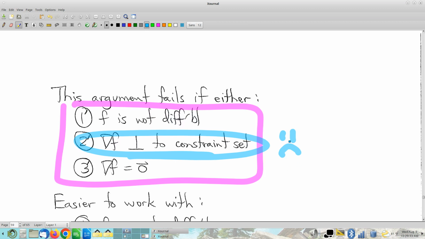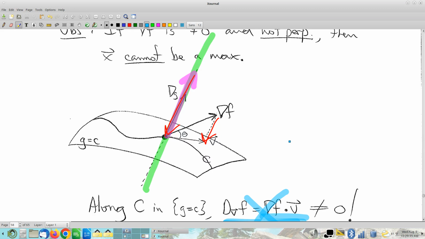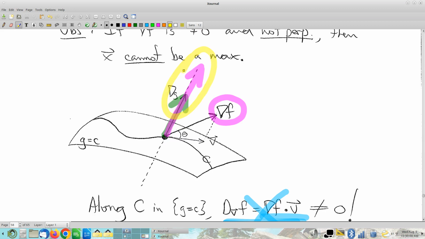Right? So that's annoying. But if you look at this picture, and let me clean the picture up again real quick, we've already agreed long ago that the constraint gradient is always perpendicular to the constraint set. So this possibility that the objective gradient might also be perpendicular to the constraint set could be rephrased as these two vectors being parallel to each other, or one of them being a multiple of the other.